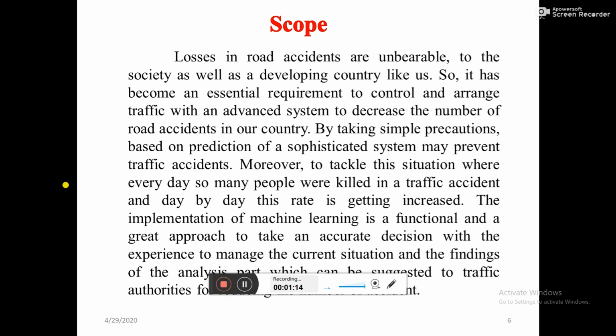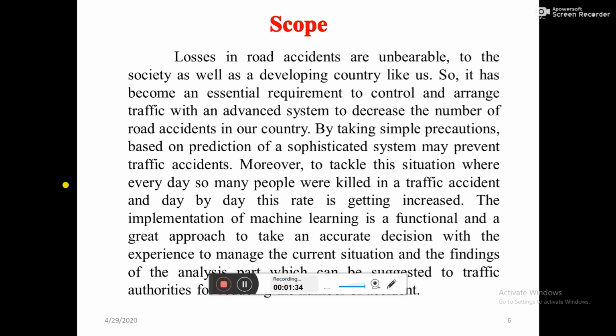Scope: losses in road accidents are unbearable to society as well as to developing countries like ours. So we have to overcome this problem so that a sophisticated and simple machine approach can be used, taking simple precautions based on prediction, and a sophisticated system that may prevent road accidents.